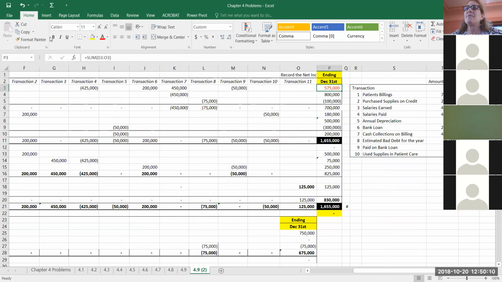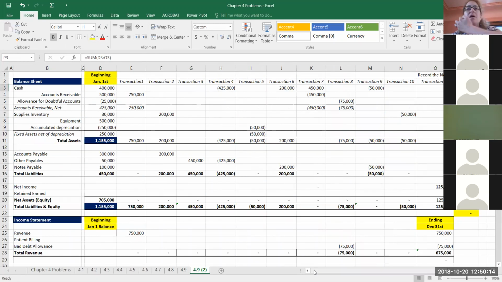That's what we want to tie to, okay? That's what we're hoping for, right? So one thing we want to take into account here is that we have a beginning balance in the cash account, okay? We've got $400,000 that we started the year with in the bank.